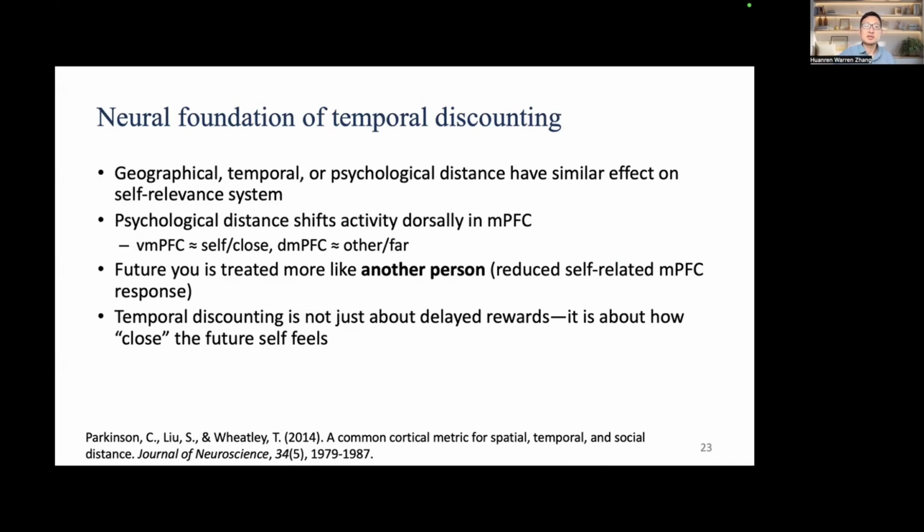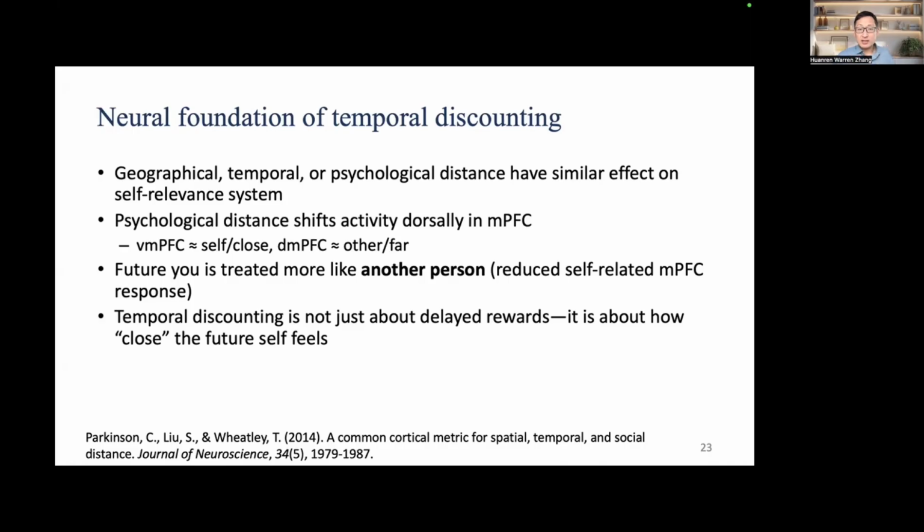It has been observed that the ventral medial prefrontal cortex is more active when you are thinking about yourself or people who are close to you psychologically. The dorsal medial prefrontal cortex is more active when you are thinking about someone else, someone who feels distant from you, far away from you psychologically.